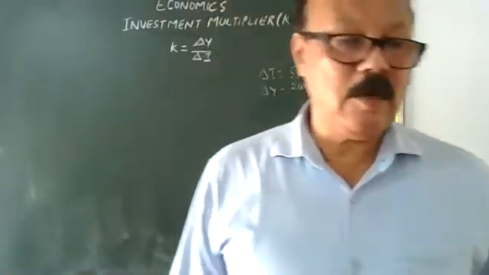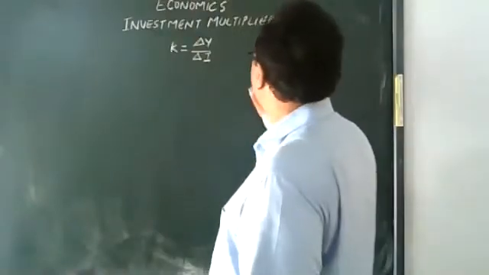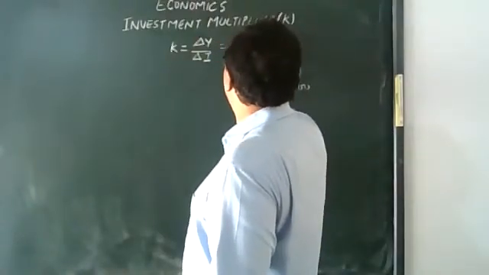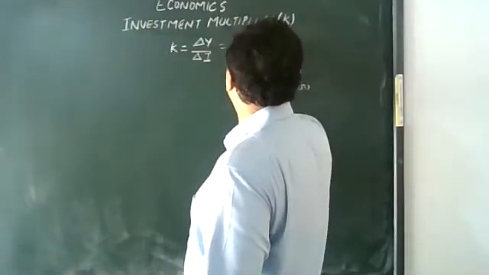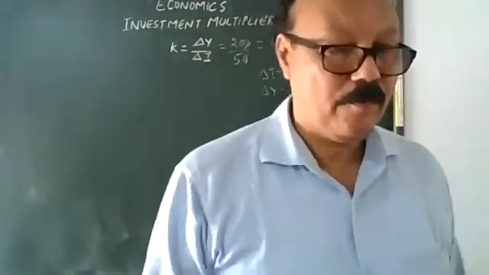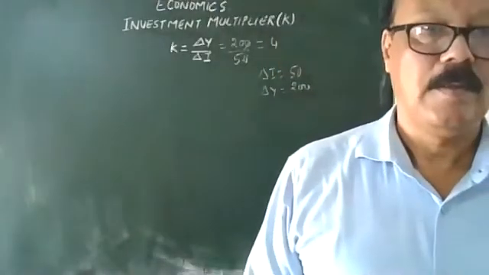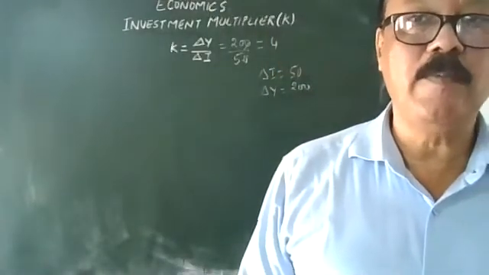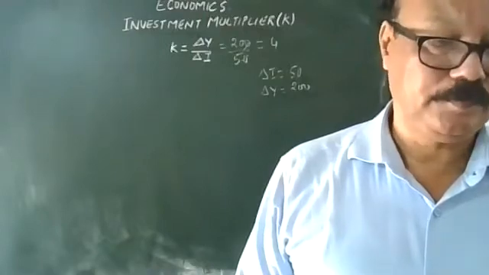What will be the value of the multiplier in this case? 200 upon 50 is 4. The value of the multiplier would be 4.